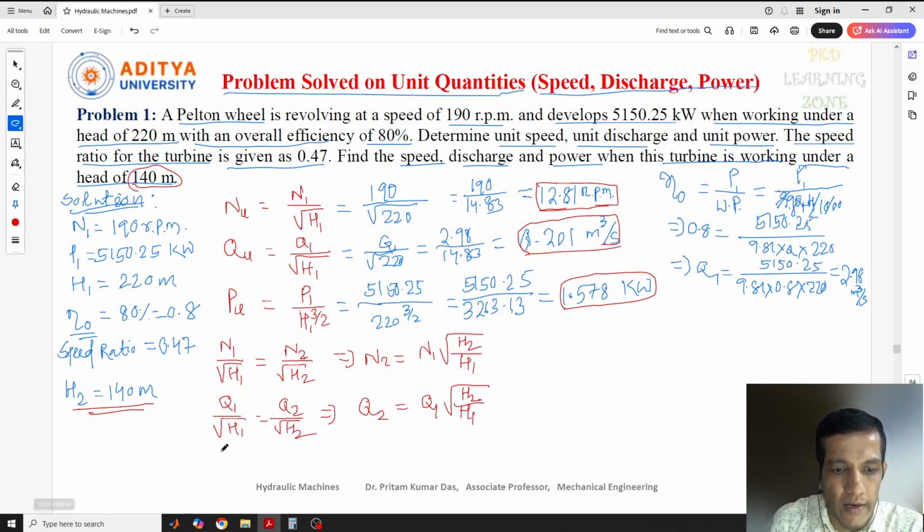Similarly for the power, we can write P1 by H1 to the power 3 by 2 equals P2 divided by H2 to the power 3 by 2.